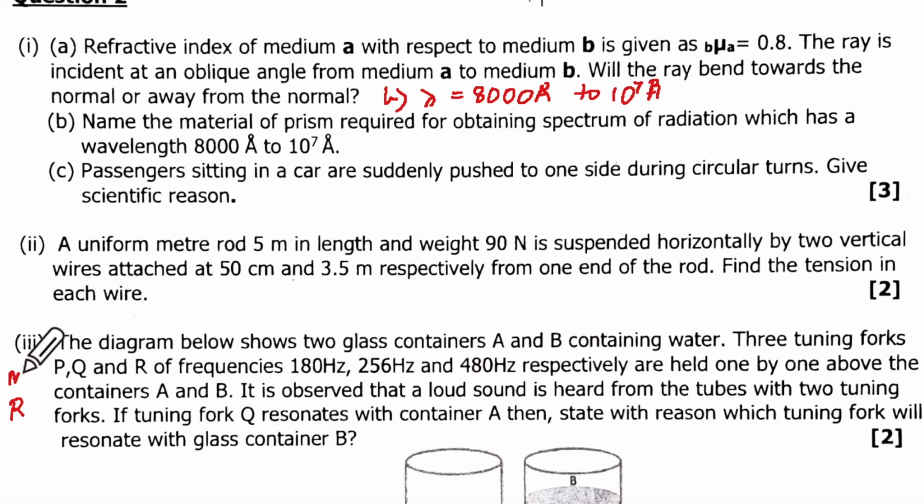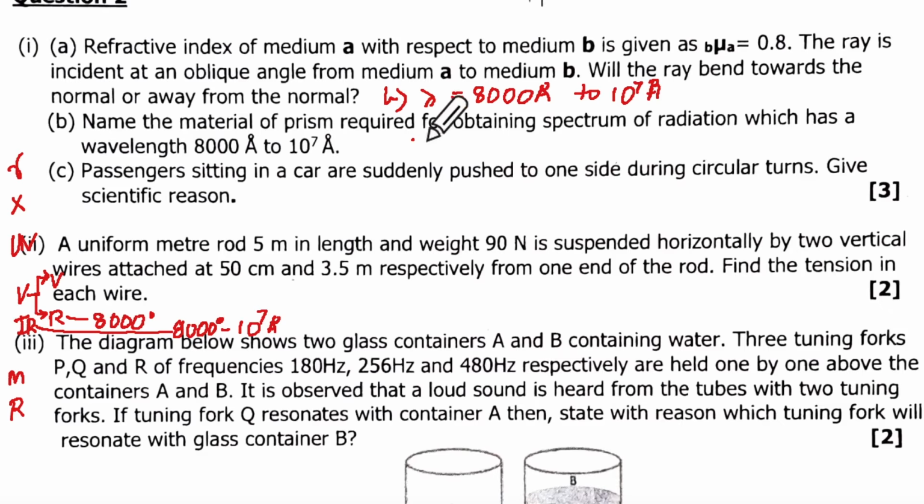Rocket takes many Indians via USA to X, Y, and Z. Correct? And this is visible. So this is IR. So this is red. And this is UV. So this is violet. This is 8,000. So your IR becomes 10 to the power 7, 8,000 to 10 to the power 7 angstrom.